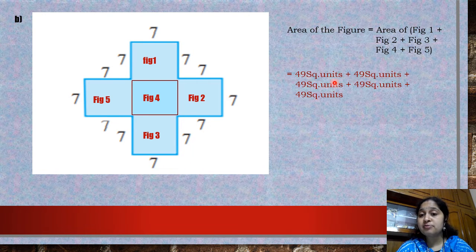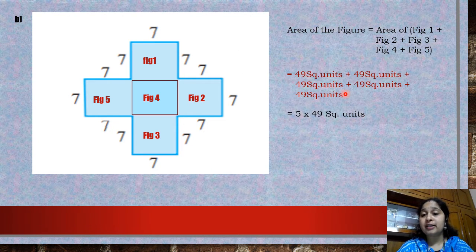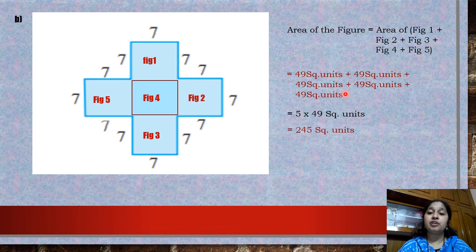Now we can write it directly as 5 into 49 square units, which is nothing but 245 square units. So what is the area of this figure completely? It is 245 square units.